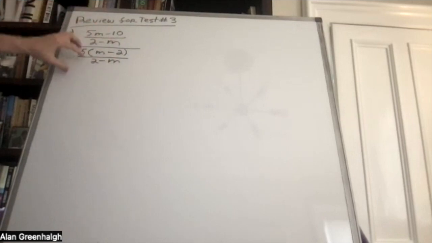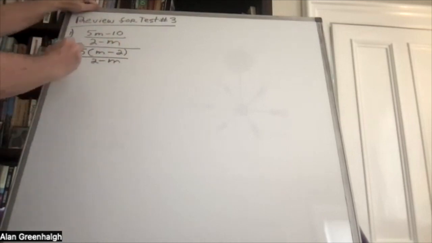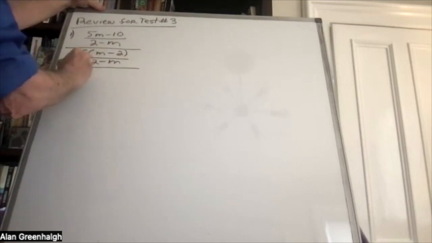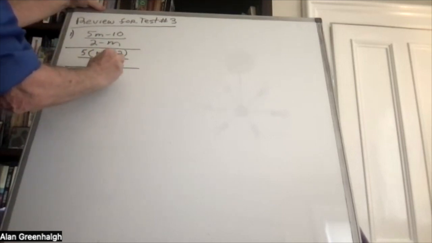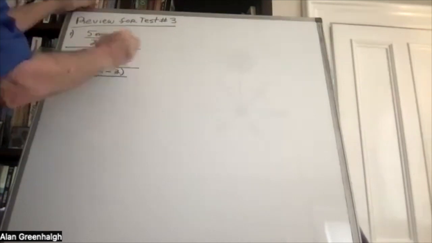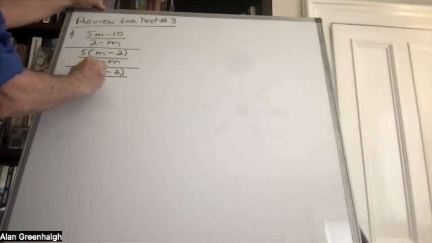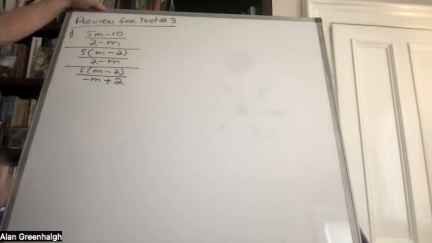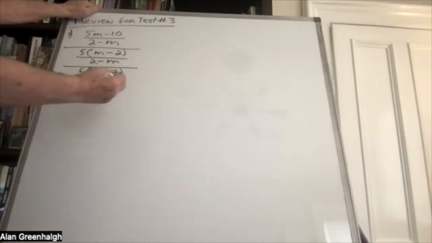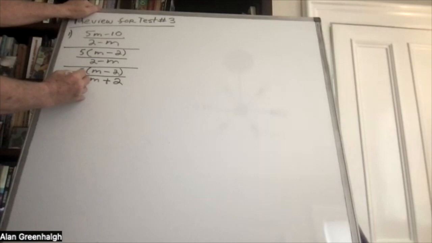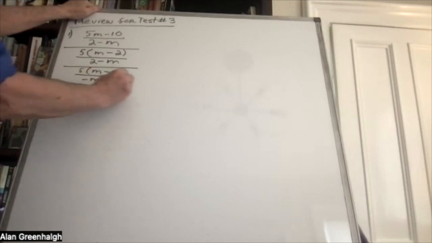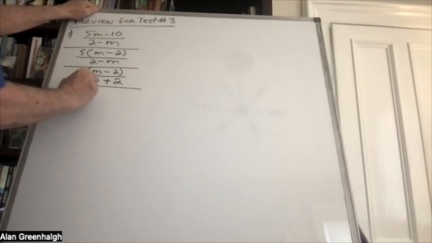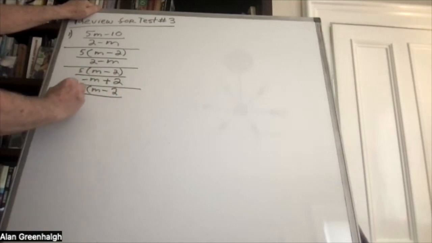So here's the critical thing right in here. If you take the 2 minus m and switch it around to negative m plus 2, and then take out the common factor of negative 1, you rewrite this, and that'll leave you with positive m minus 2.